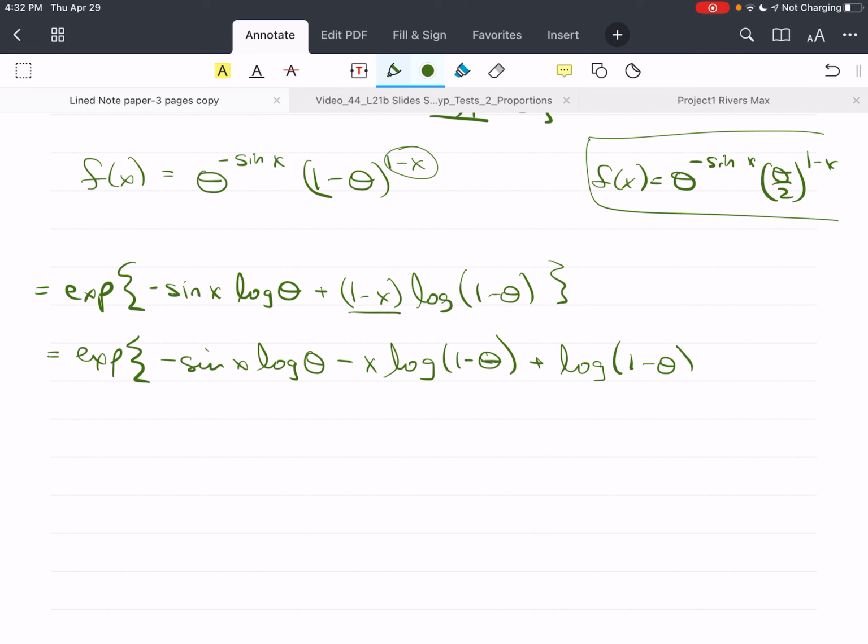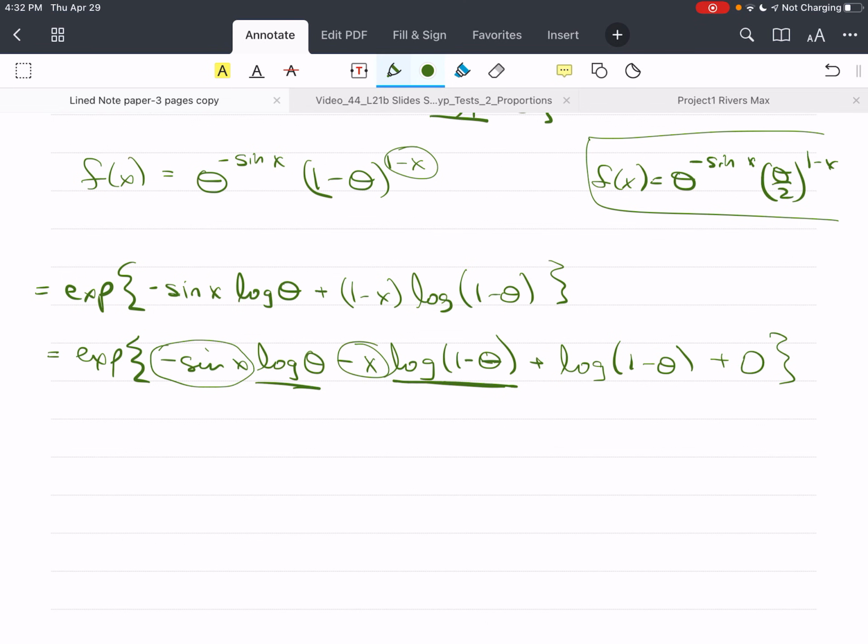I just expanded this, okay? And so plus 0 for the x only term. Well, I have a problem. This and this are not the same. I can't factor them out. And this and this are not the same, so I cannot factor them out.